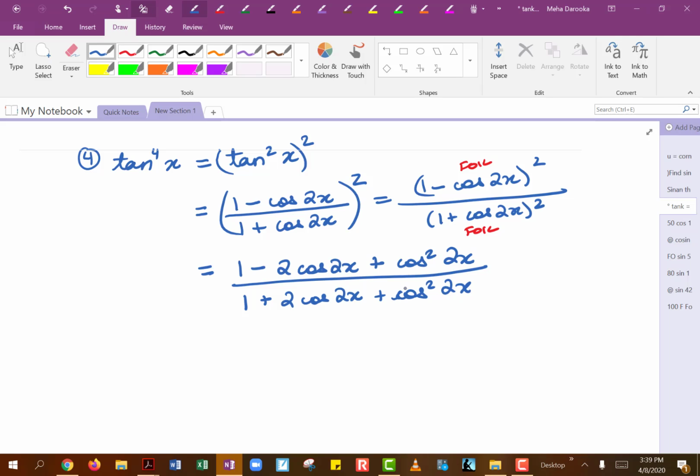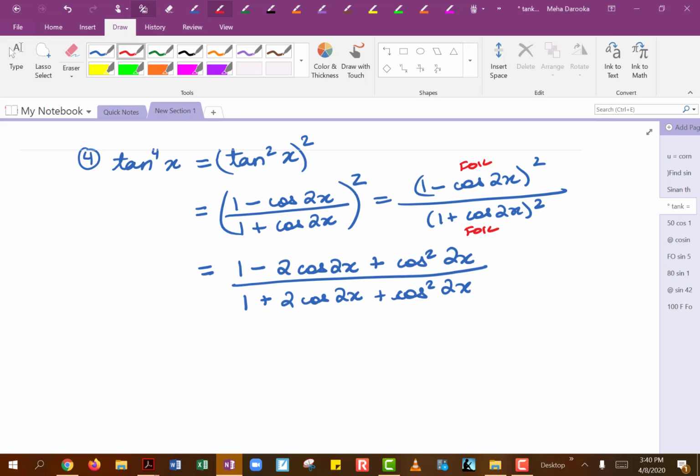Now, many of you may be tempted to cancel out some of these terms because you think they are similar on the numerator and denominator. Unfortunately, you cannot do that because these are all part of the same expression, so they are all connected to each other. So you cannot cancel anything from the numerator and denominator no matter how much you would want to. Okay, so just be careful about that.